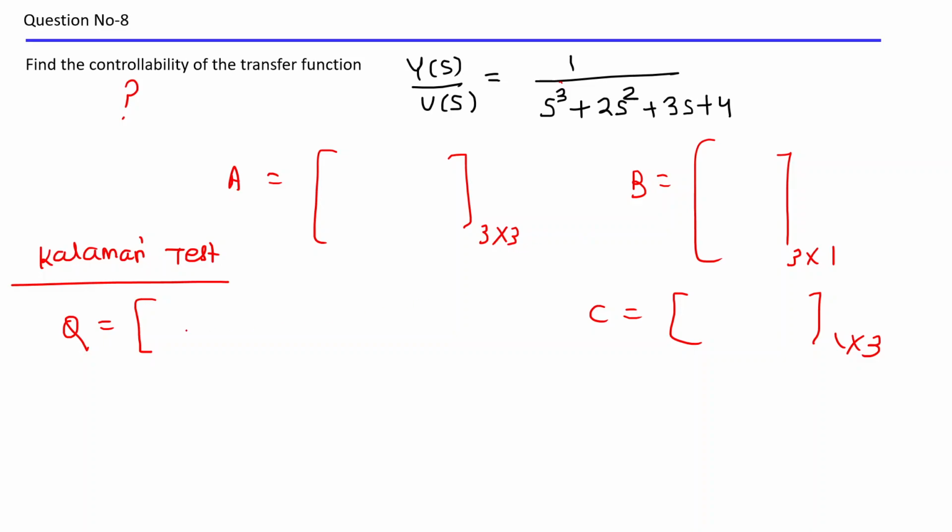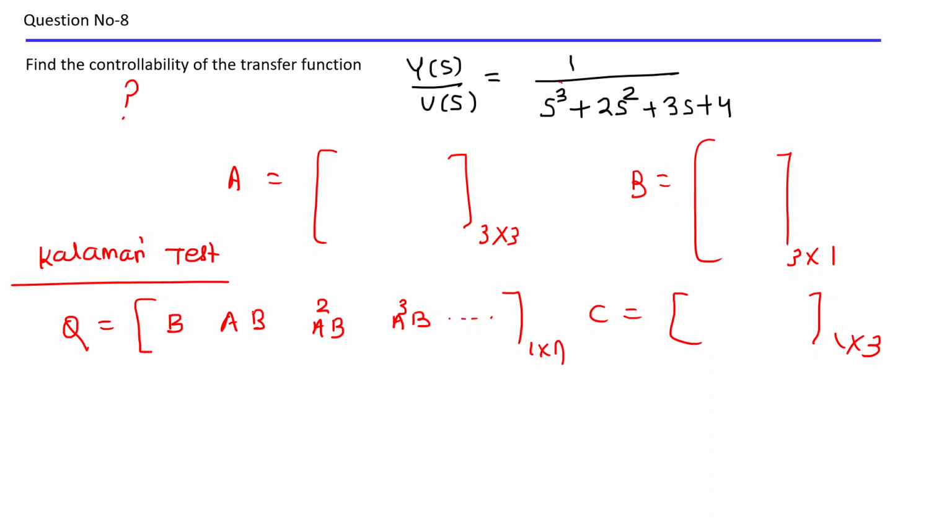This is 3 cross 3, so you write down 3 matrices: B, AB, A square B. If a fourth order is there, then you have to find out A cube B, like that. So dot dot dot I can write out, this is an n cross 1 matrix, so 1 cross n.